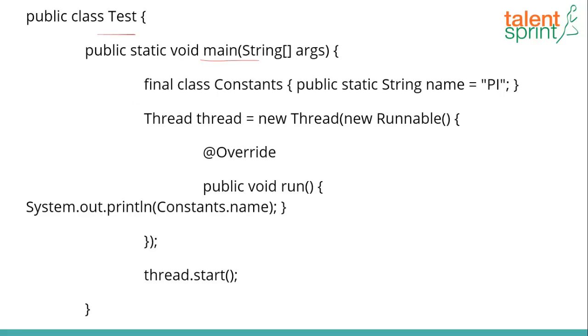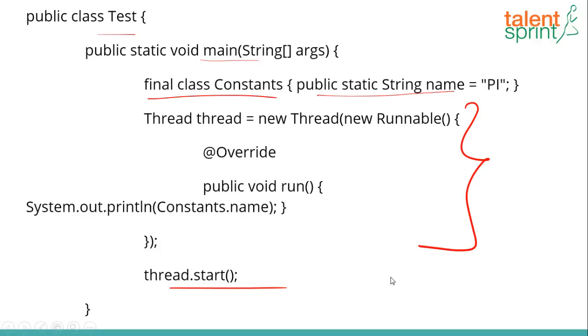Okay, now we have a final class constants inside our main class. So this is our nested class. Now inside the nested class, what we have done is we have created a static variable, public static String name equals to pi. Now all that is happening in this piece of code is we are starting a thread.